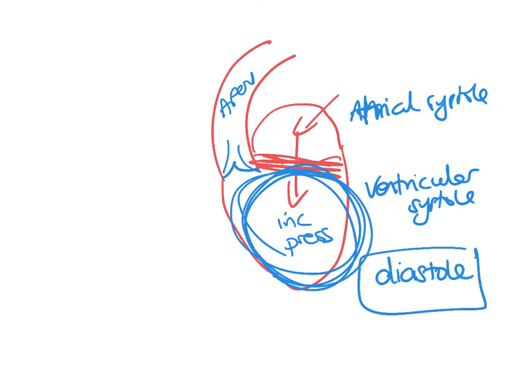So once the ventricle relaxes, you enter diastole, and that's where the pressure in the ventricle drops. Pressure in the aorta is going to be pretty high, so that's going to force the valve closed. So the answer is diastole. It doesn't matter how you pronounce it.